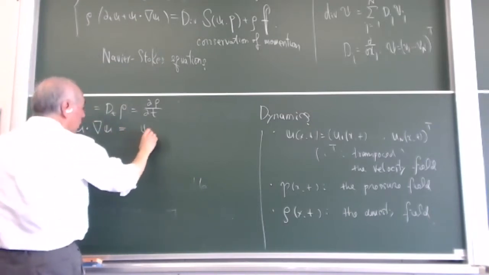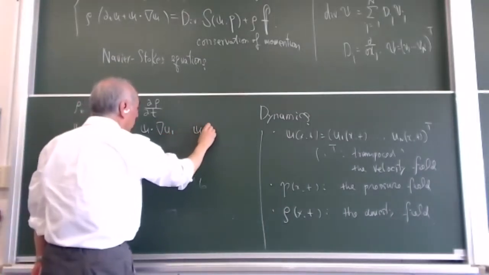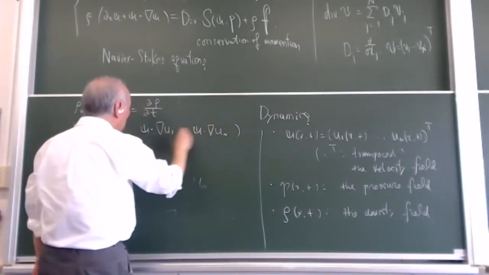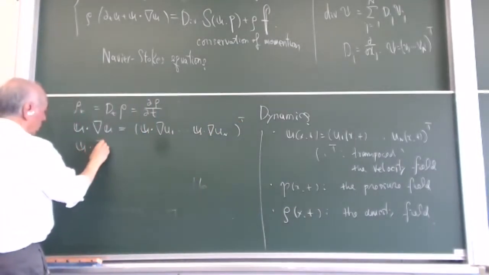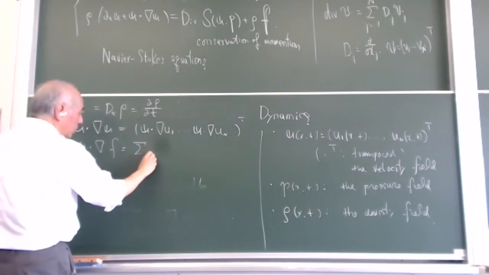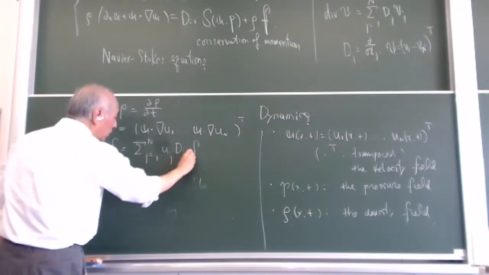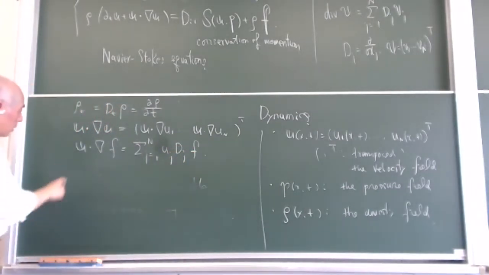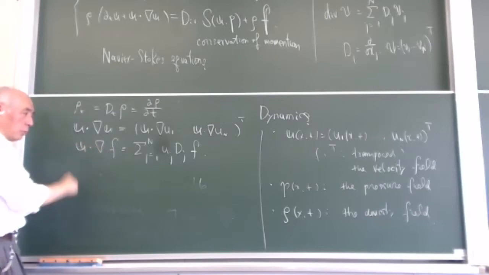For nabla u, if f is a scalar, then nabla f is an N vector, so it is just an inner product.